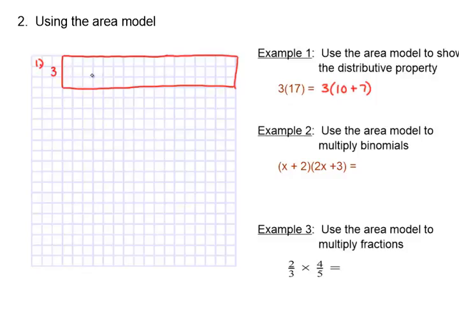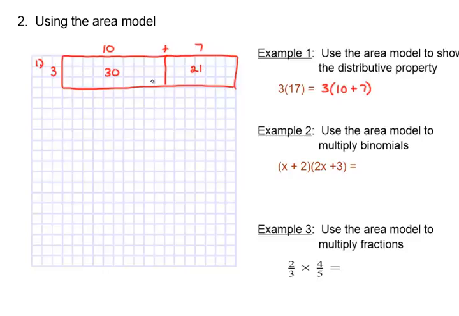So there's 3 because that's 3 units. 1, 2, 3, 4, 5, 6, 7, 8, 9, 10. And this is 10 plus 7. So if you look, 3 times 10, this inside is 30. 3 times 7 is 21 units.